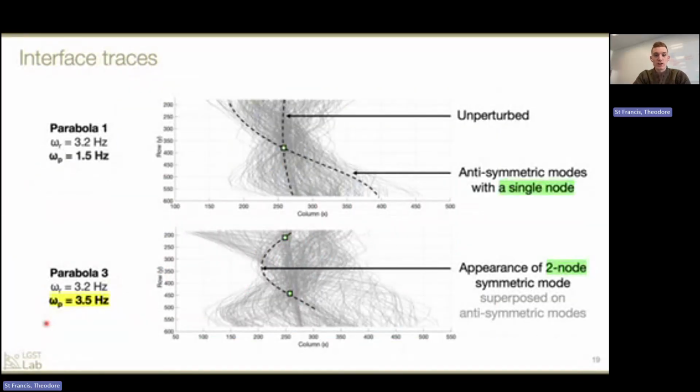Here are the traces of the interface. You'll notice if we look at the top here that there is an unperturbed line, which is the cylinder that you saw in the first several frames, and then the presence of antisymmetric modes, which have a node in the center, which is where it crosses that unperturbed interface. And you'll notice there are also traces in this direction with the same antisymmetric mode.